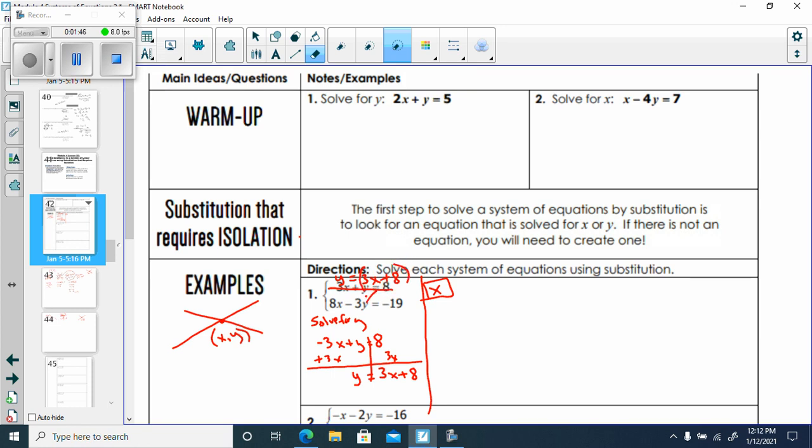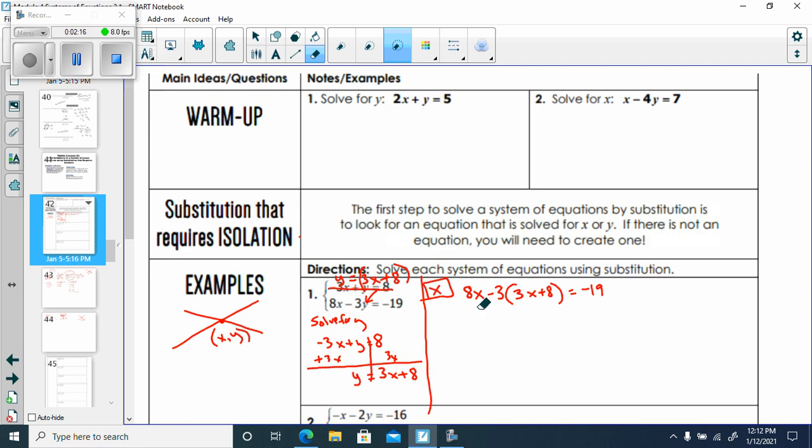So I've got 8x minus 3 times 3x plus 8. That's what y was equal to when I solved for it. That's equal to negative 19. 8x minus 3 times whatever this y was equals negative 19.